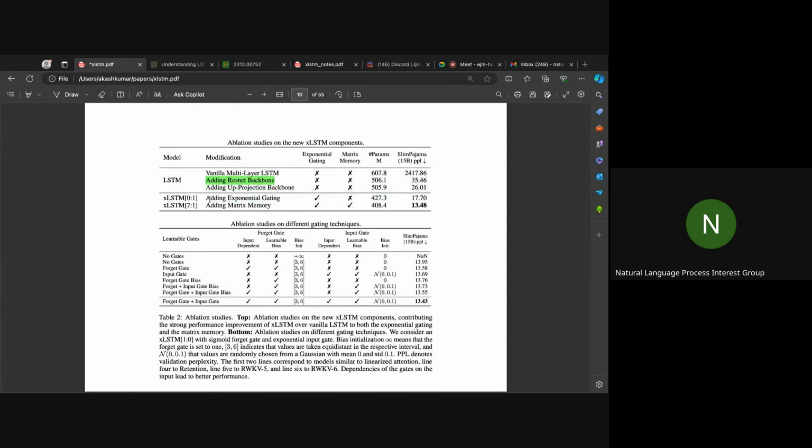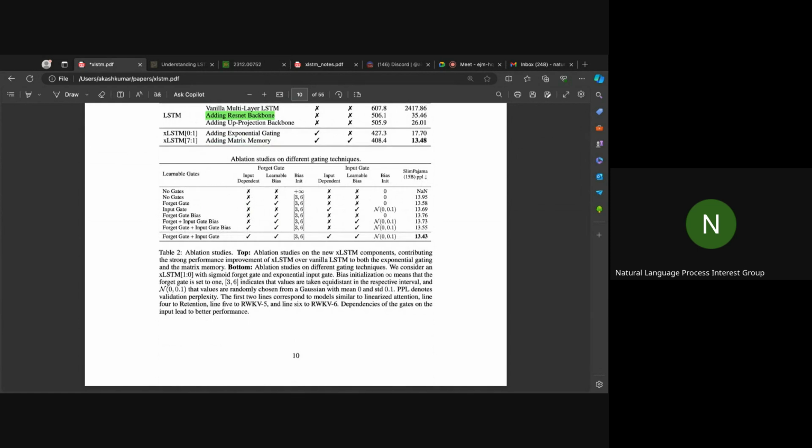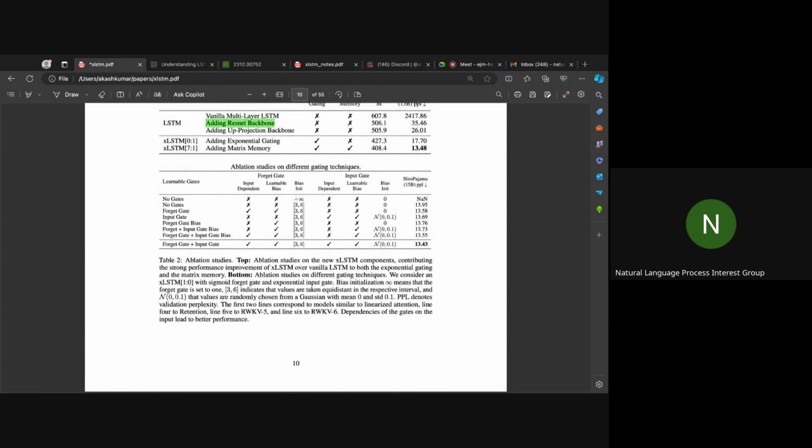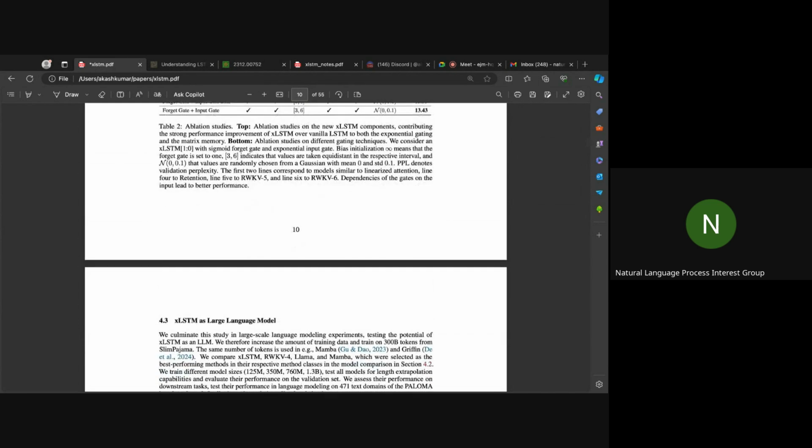And when you add the exponential gating, which is present in the sLSTM block, this perplexity goes down. And when you add the matrix memory also, that is when you get the least perplexity on this particular data set. So again, authors are trying to highlight that both the introductions in sLSTM and mLSTM architecture make significant contributions or performance enhancement to the model.